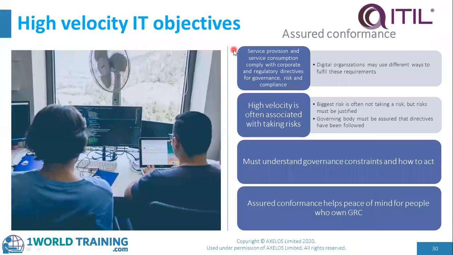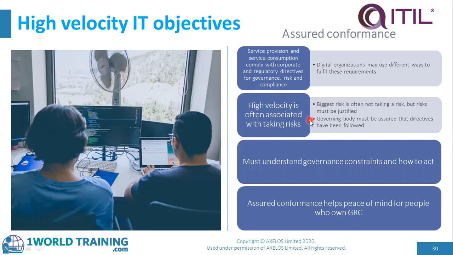Assured conformance is another objective. Service provision and consumption comply with corporate and regulatory directives for governance, risk, and compliance. Digital organizations may use different ways to fulfill these requirements. High velocity is often associated with taking risks. The biggest risk is often not taking a risk itself, but risks must be justified.